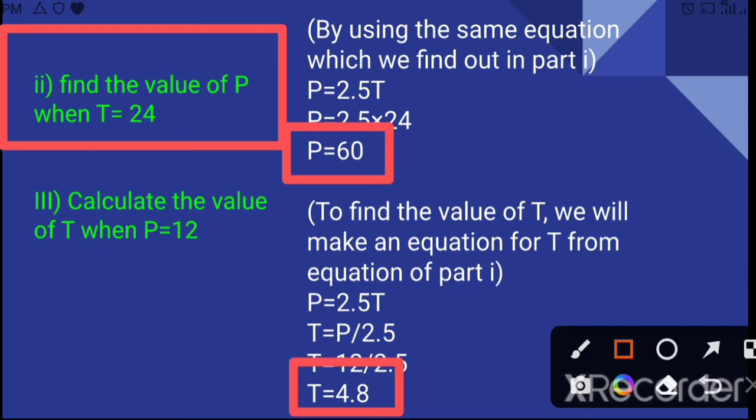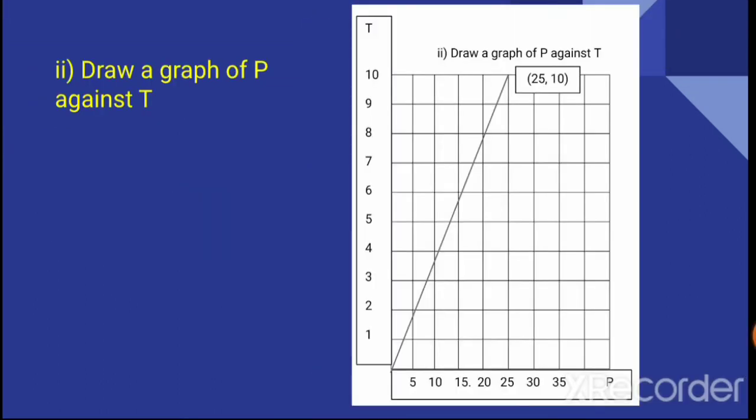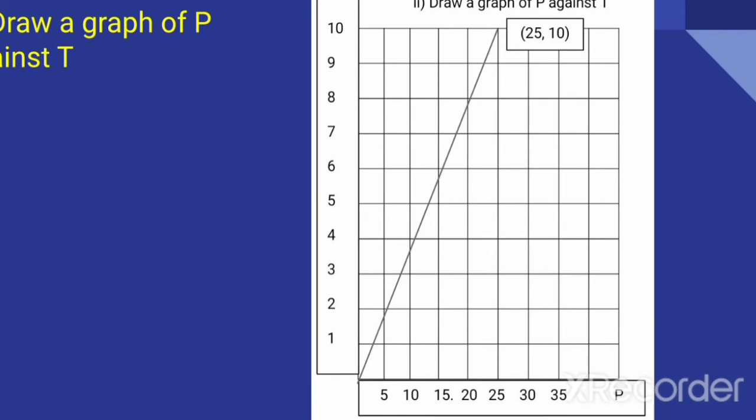Now in the next part of this question, they have asked: draw a graph of P against T. Here in this graph, we write down the values of P starting from 5, 10, 15, 20, 25. The value of P which is given in the question is 25.